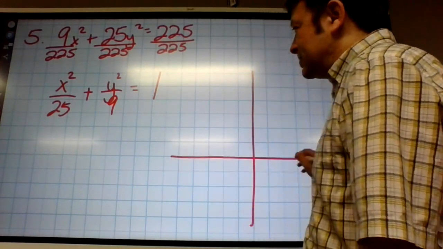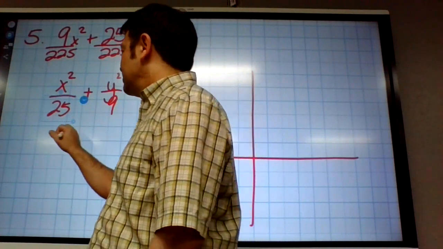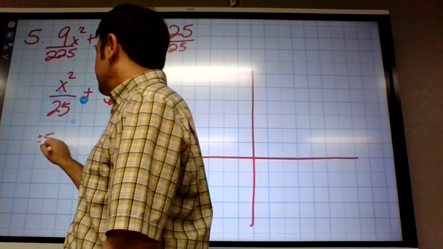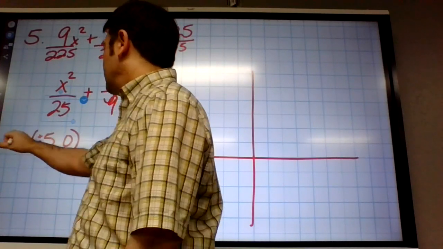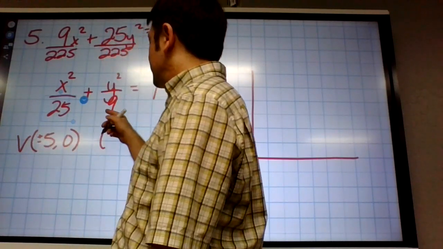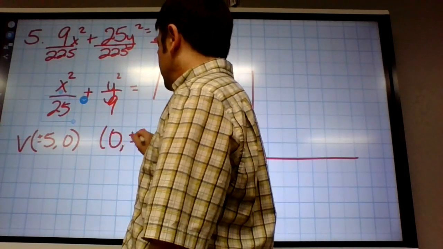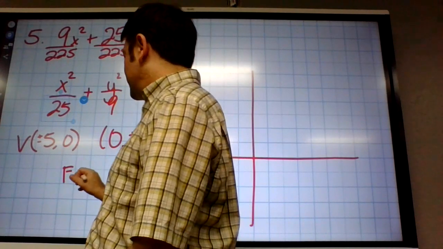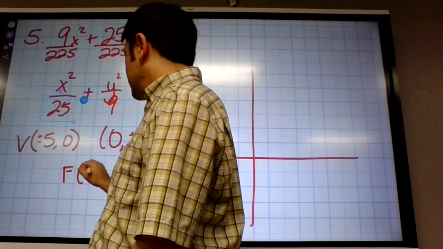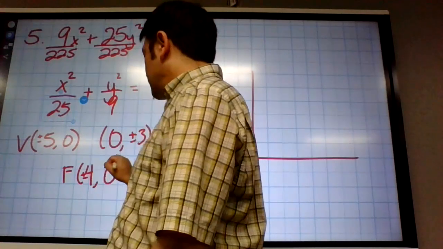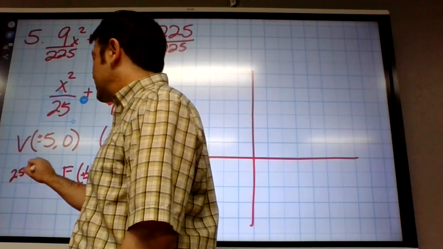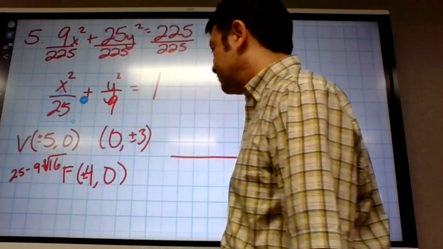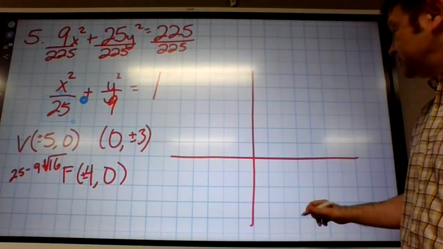What are the vertices? Square root of 25 is 5. It'll be the vertices. It's going to hit the y-axis at square root of 9, 3. And the foci: 25 minus 9 is 16. Square root of 16 is 4. Alright.